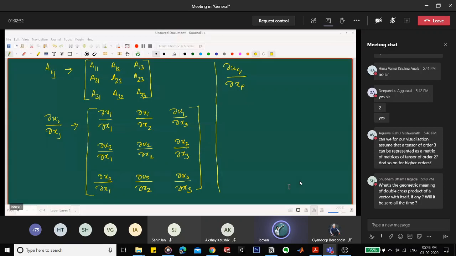I hope that answers your question to a certain extent. Next, Shubham Uttam is asking, what's the geometric meaning of double cross product of a vector with itself, if any? Will it be 0 all the time? What? I didn't understand. Geometric meaning of double cross product of a vector with itself. I have absolutely no idea what you are talking about.